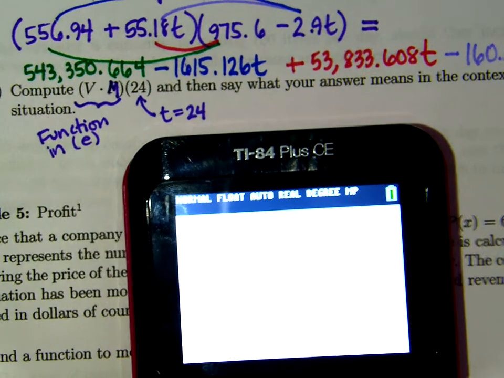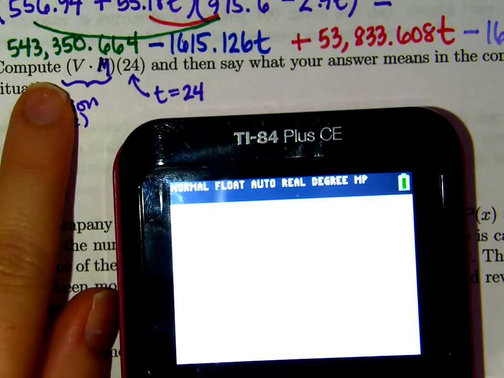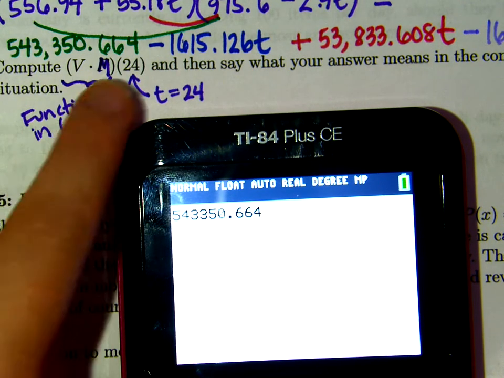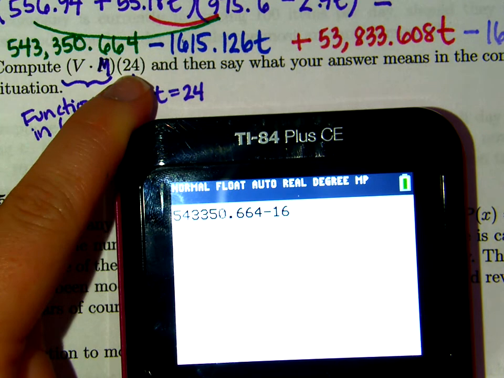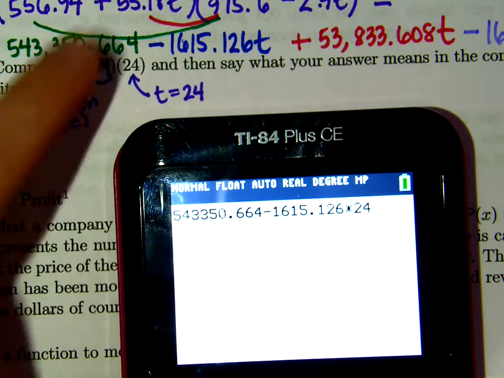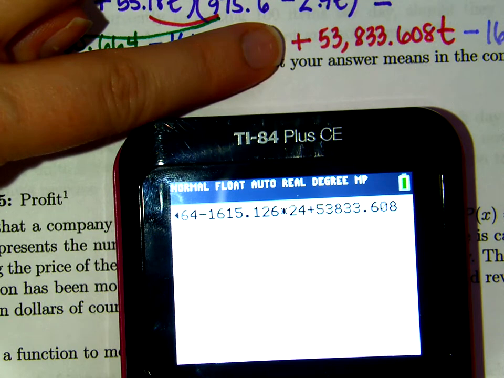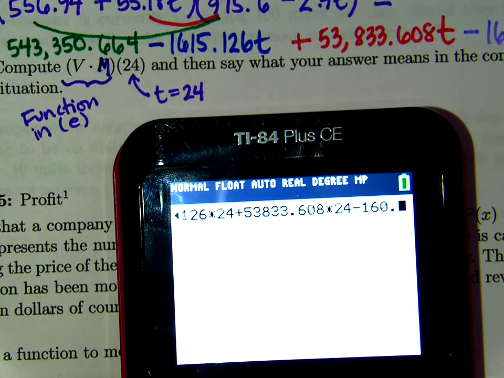Okay, so here I'll zoom in. 543,350.664 minus 1,615.126 times 24 plus 53,833.608 times 24 minus 160. I feel like there's a flaw. Can I find it?